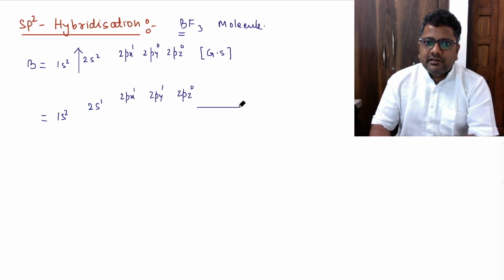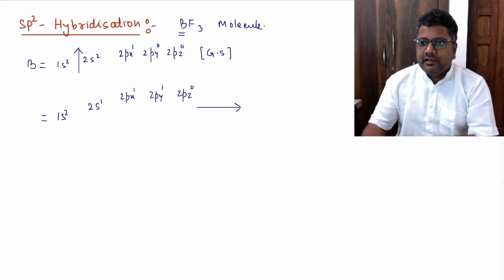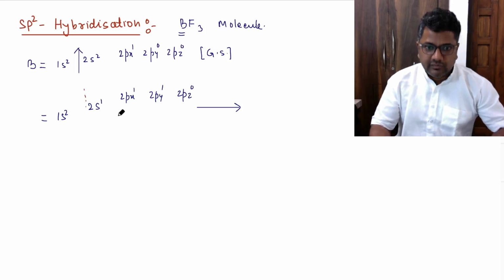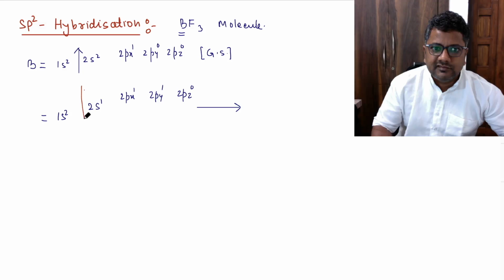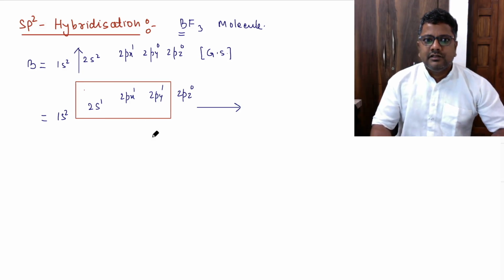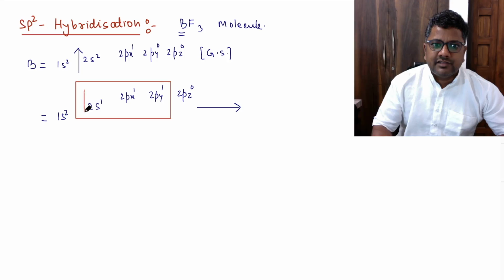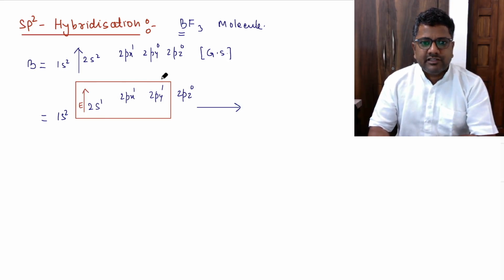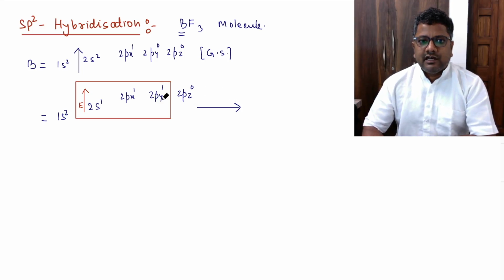Now this 2s and these two p orbitals, they mix. So 2s, 2px and 2py mix with each other. This pz is left unhybridized here, right? So these orbitals are mixed together.